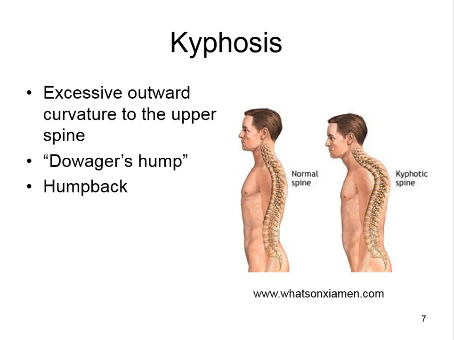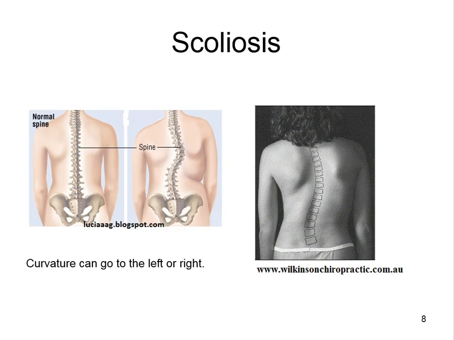Kyphosis. This is an excessive outward curvature to the upper spine. It's also called a dowager's hump or a humpback, and it's usually in the thoracic region. Scoliosis, it's a lateral curvature, and it can go to the left or the right.